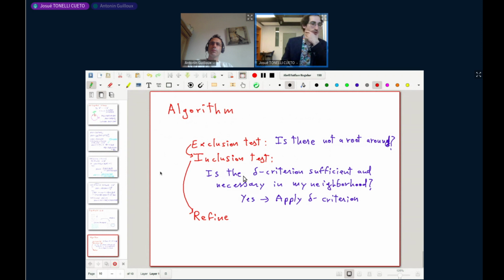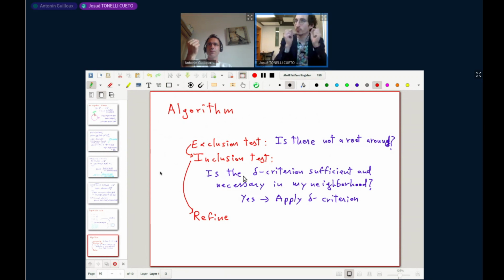Now, sorry, the inclusion test fails if you cannot say there is no root, but you are not sure that your Newton method will converge quadratically to a single root.